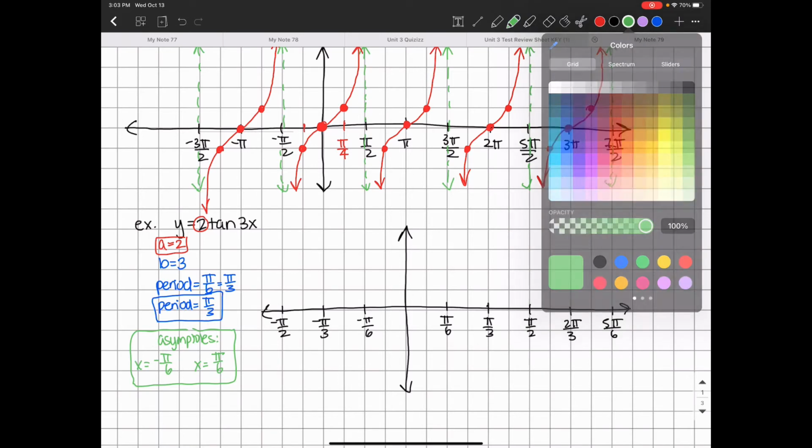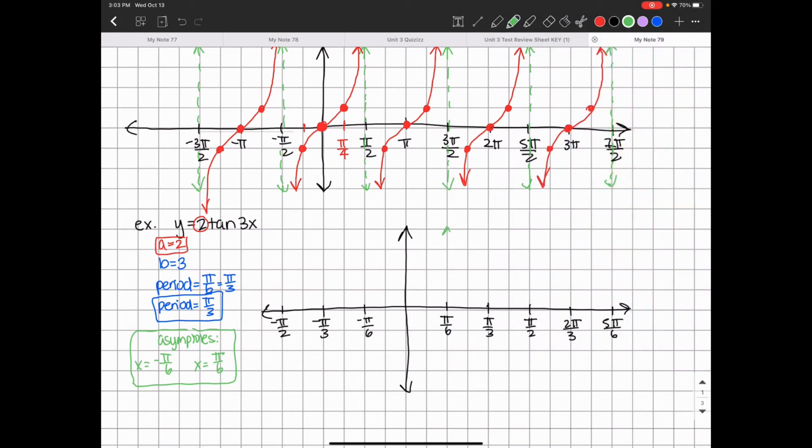So the first two asymptotes that I'm going to graph are pi over 6 and -pi over 6. Then I skip pi over 3, and I'm going to pi over 2 next. I skip 2 pi over 3, and I'm going to 5 pi over 6.